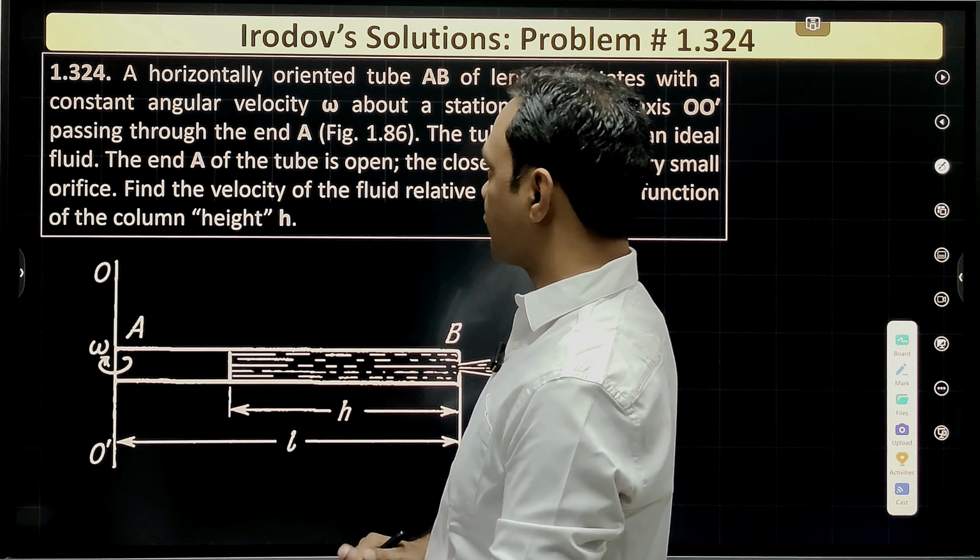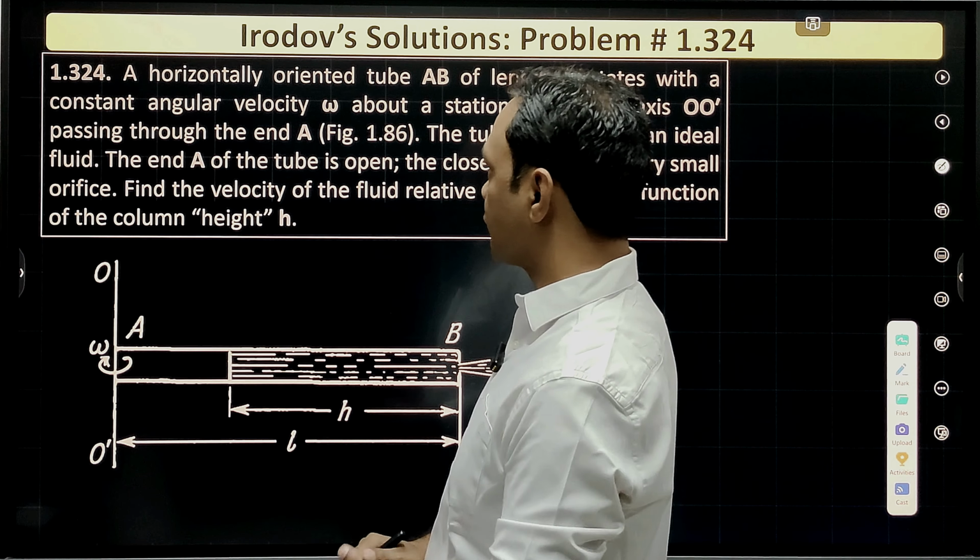So in fact it will take this type of shape, and here I am taking a little part of the liquid which is at a distance say x from the axis, and this has a thickness dx, and this section we can take of area dA.